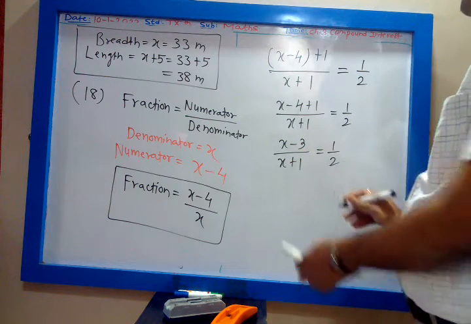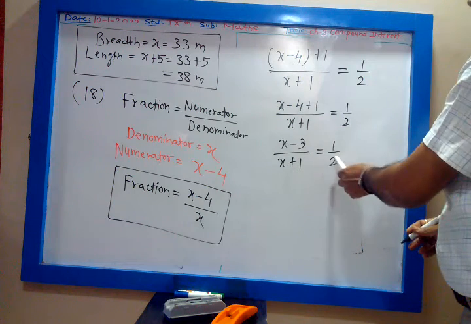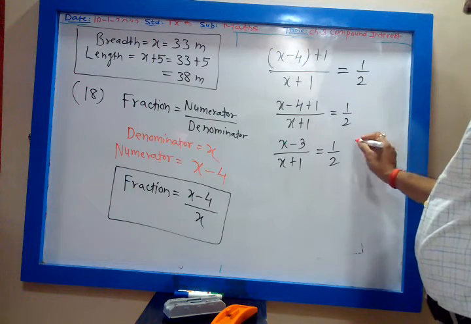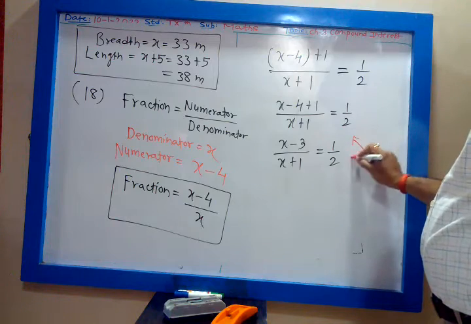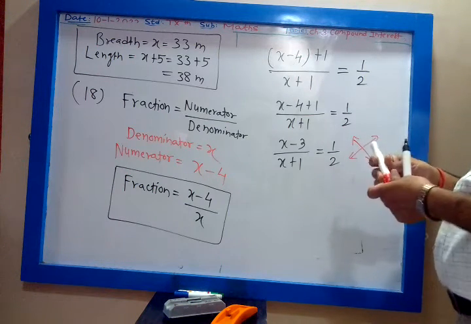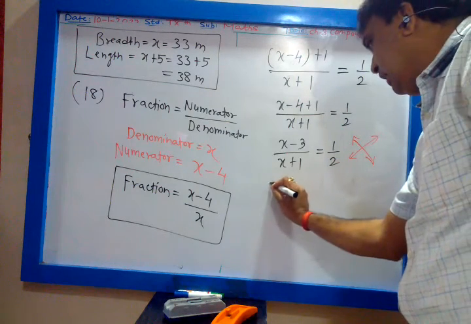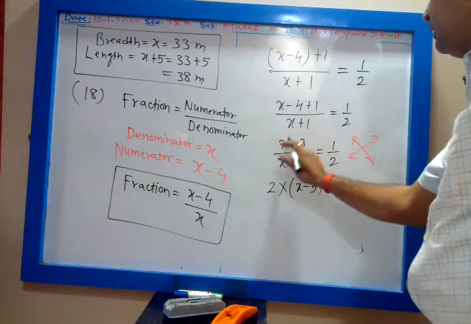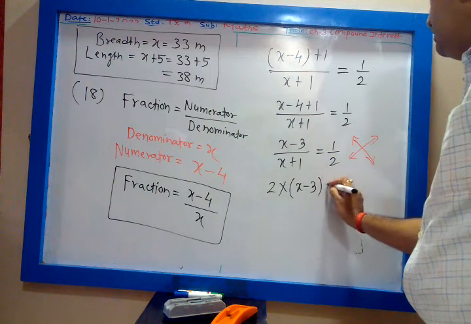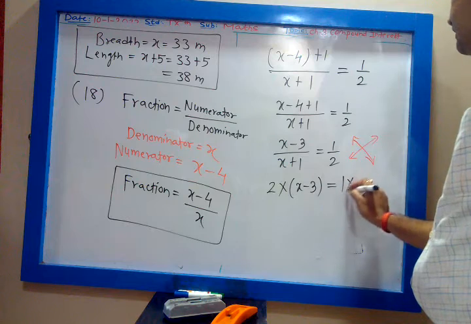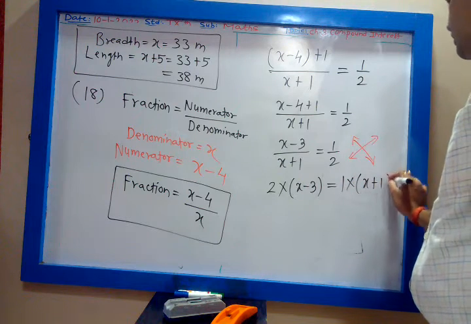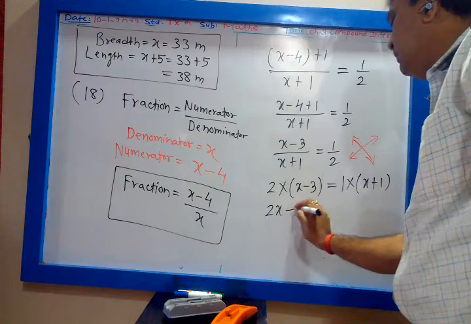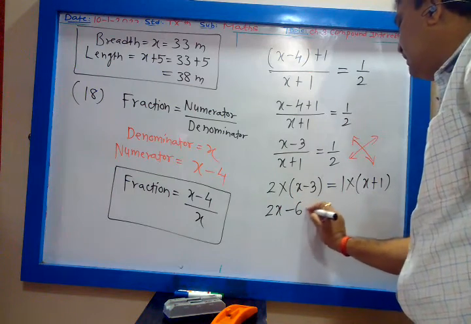Now I will not tell. This is a fraction, there is an equality. Equality of two fractions, cross multiply. So 2 into x minus 3, you have to multiply to the whole bracket. 2 into x minus 3 is equal to 1 into x plus 1. So open the bracket. 2 into x, 2x, minus 2 into 3, 6.